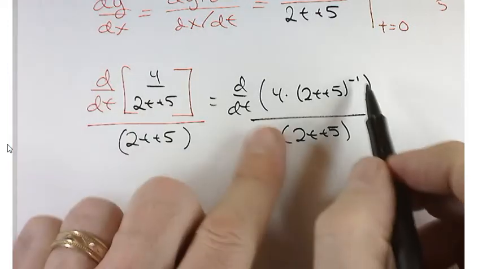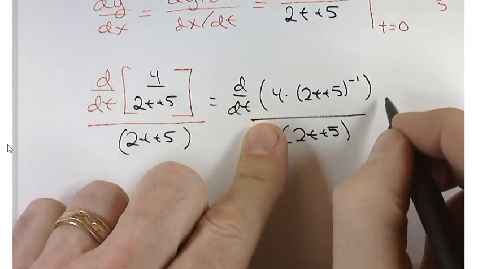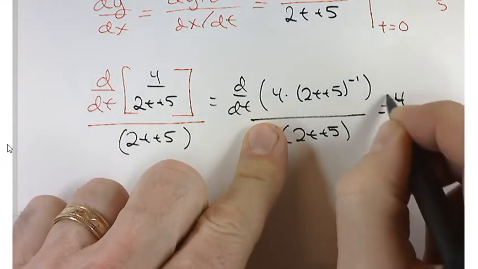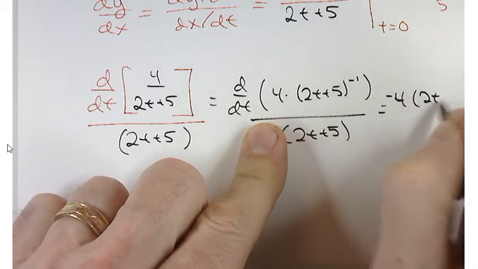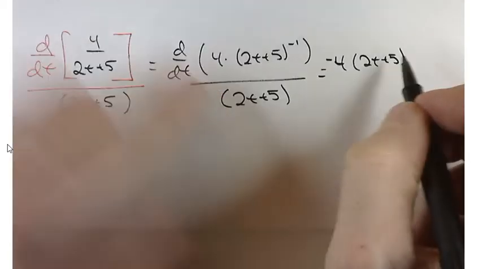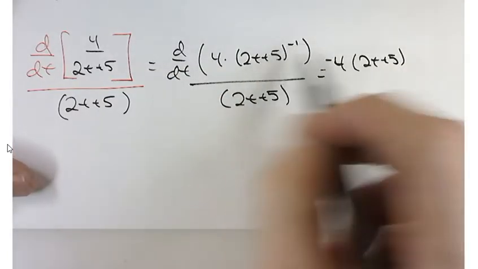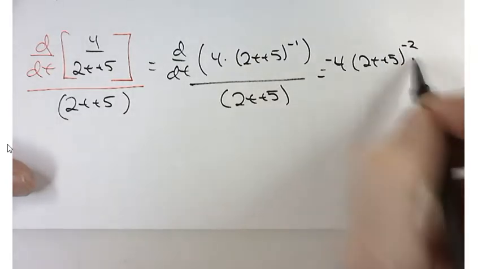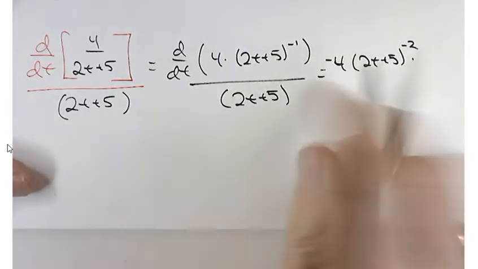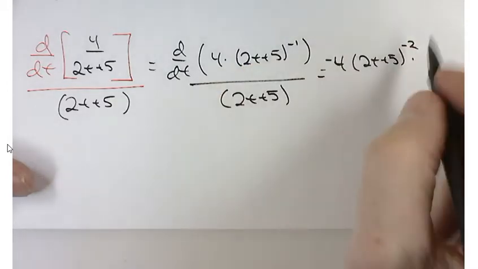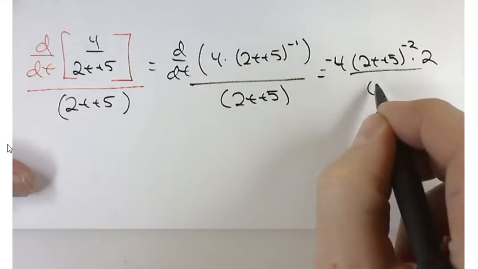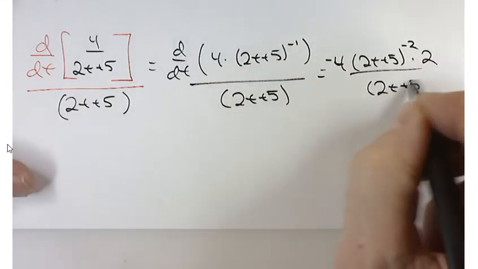So how would that look? That'd be negative 4 times 2t plus 5 to what power? Negative 2, times what else? Times 2, because it's the derivative of the inside. So good question. Yeah, you can avoid using the quotient rule.